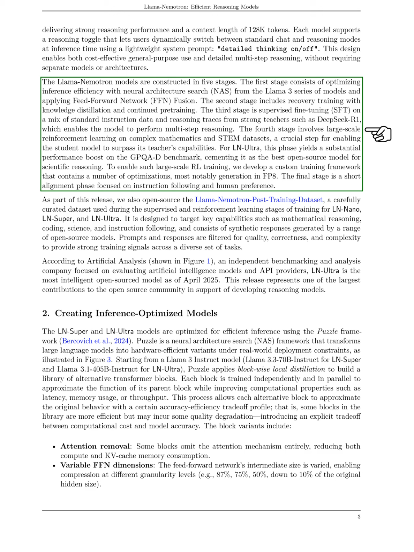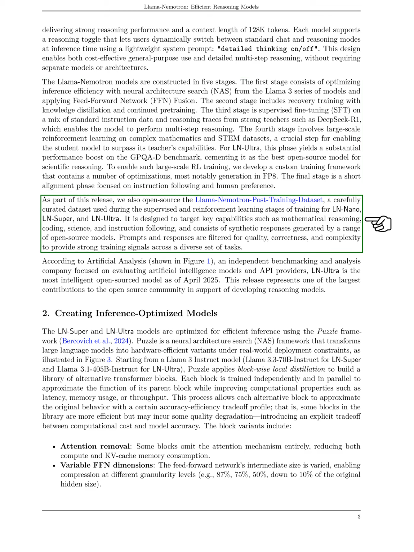The fourth stage focuses on large-scale reinforcement learning with complex datasets, which is crucial for improving the model's capabilities. For LN Ultra, this stage significantly boosts performance on scientific reasoning benchmarks. Finally, we conduct a short alignment phase to ensure the models follow instructions and align with human preferences.